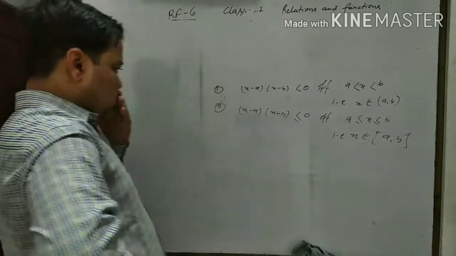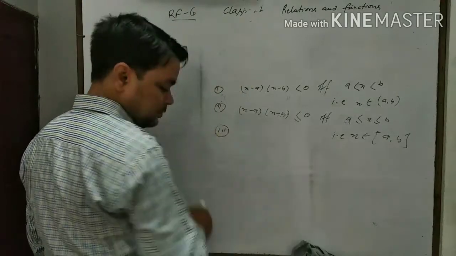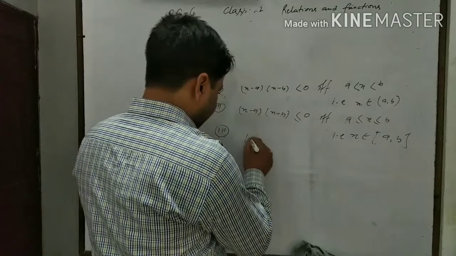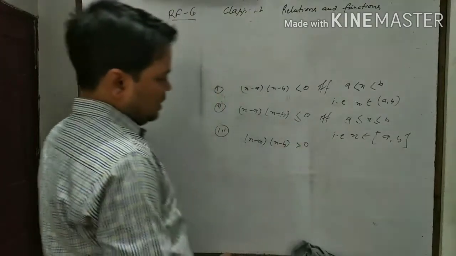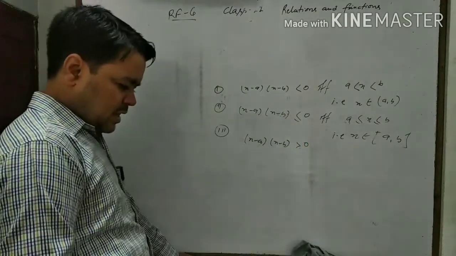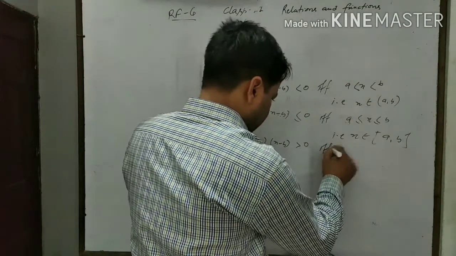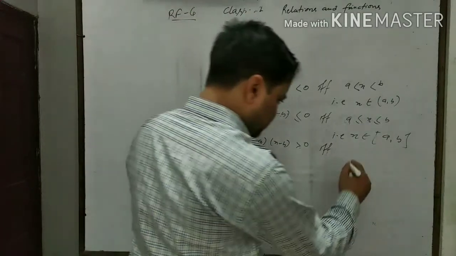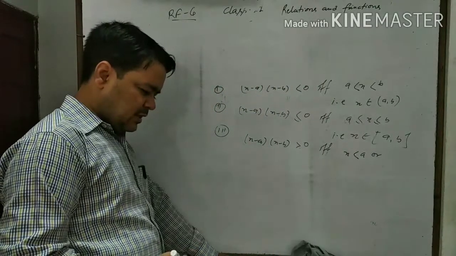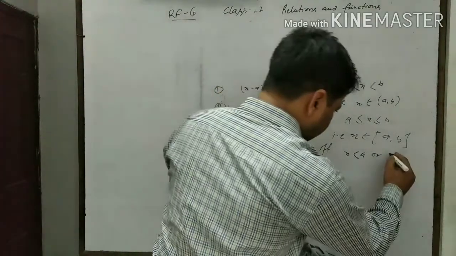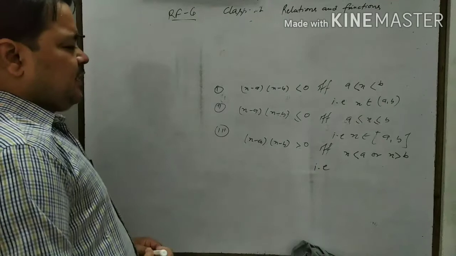Getting? The third one is what? (x minus a)(x minus b) greater than 0. Here it was less than or equal to, now greater than 0. So it is possible if x is less than a or x is greater than b.